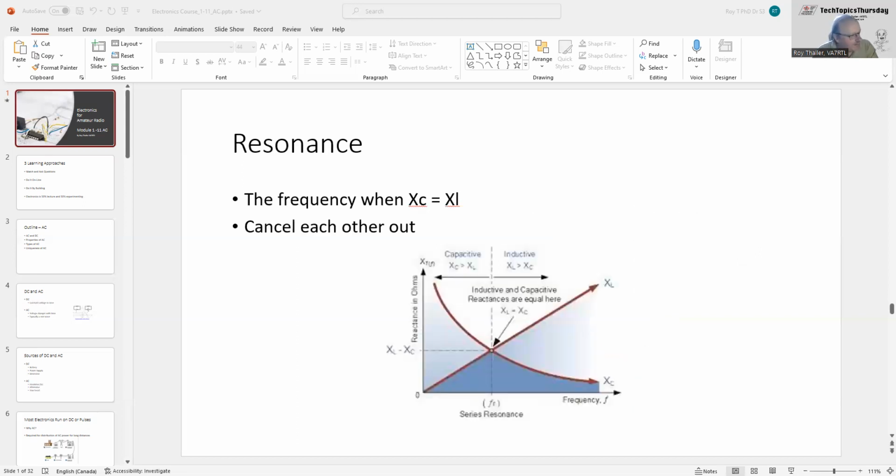Inductive reactance generally increases with frequency, and the capacitive reactance goes down with frequency. Where these two cross is the resonance point where they cancel out, and that's what you're doing with your antenna tuner. On the basic exam there'll be some questions about this point: what happens to current and what happens to the voltage. We'll cover that when we do the circuits.